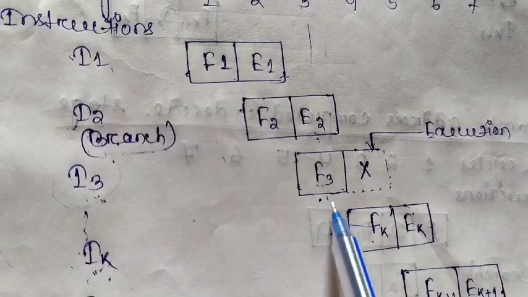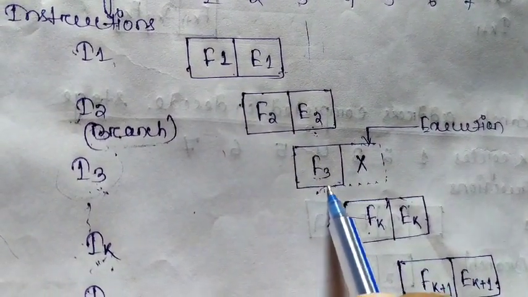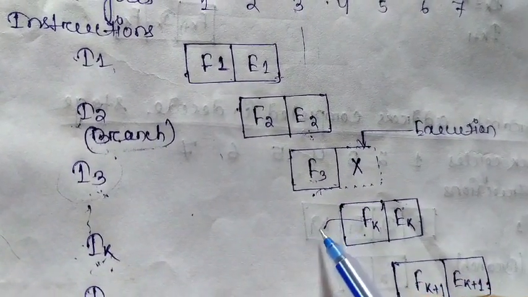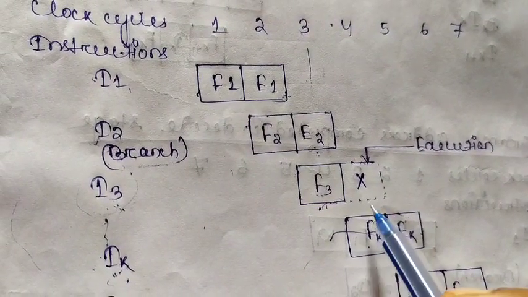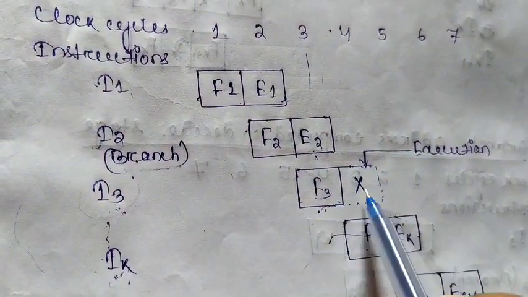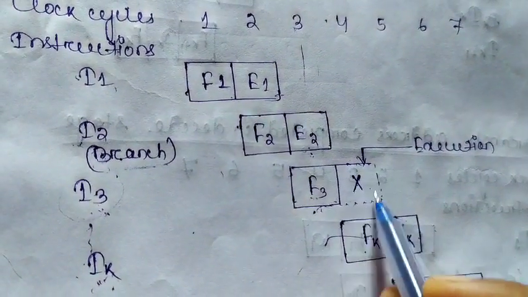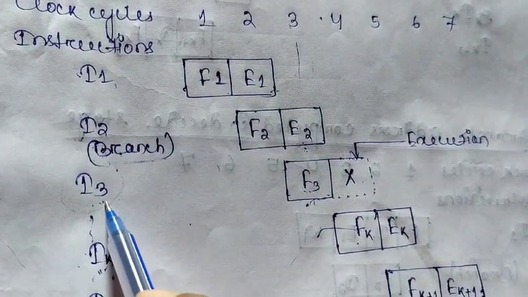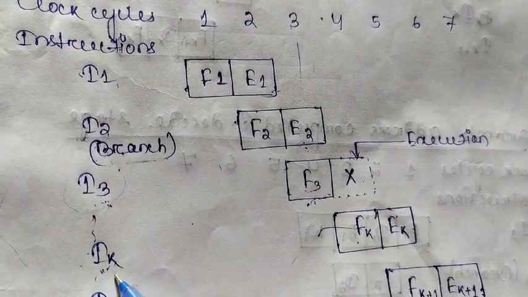We have already fetched I3, so what will happen? In clock cycle 4, it will discard the execution of I3, which has been incorrectly fetched, and fetch the instruction IK.